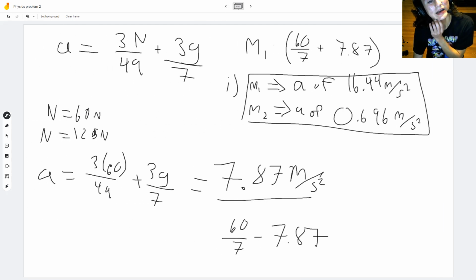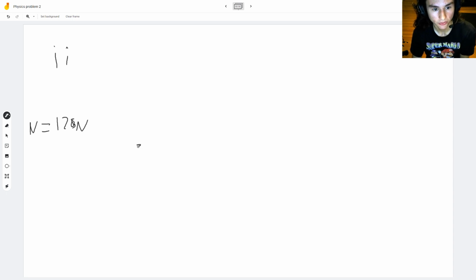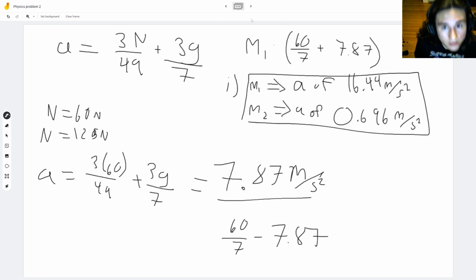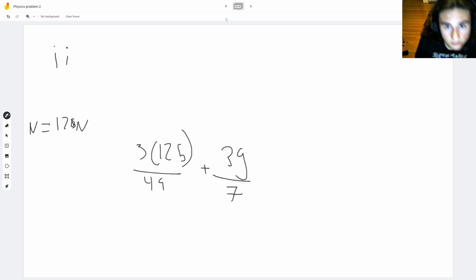So this time, instead of 3n being 60, we're going to have n be 125. So 3 times 125, again, we're just using our equation, over 49, because it's 7 divided by 7, plus 3g over 7.